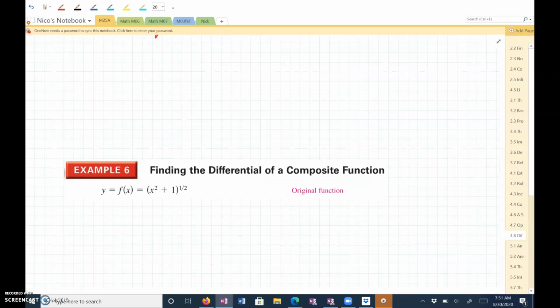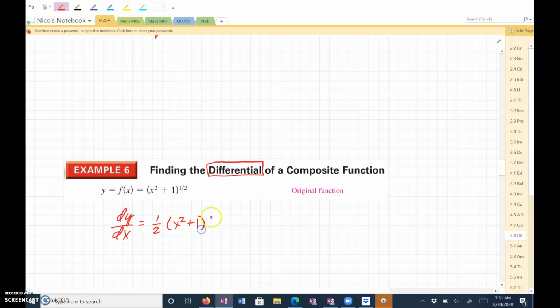One more of these. First, let's find the derivative, and then we'll find the differential. So dy dx is going to be 1/2 x squared plus 1 to the negative 1/2 power. Take the derivative of x squared plus 1, that's going to be 2x.